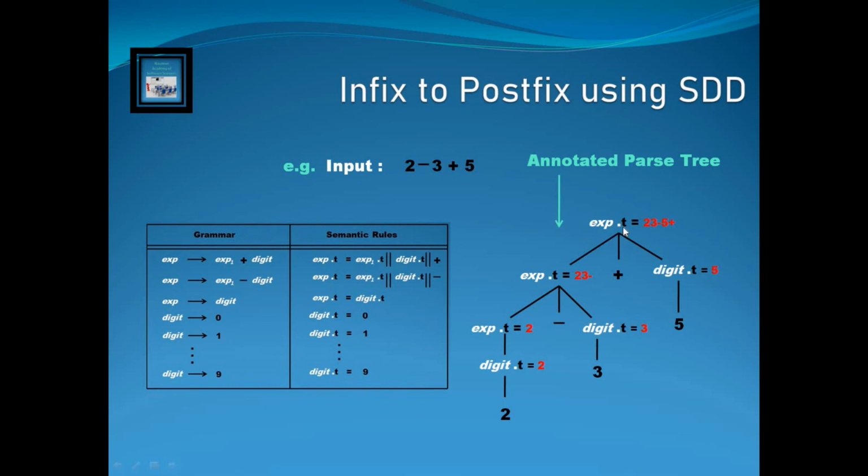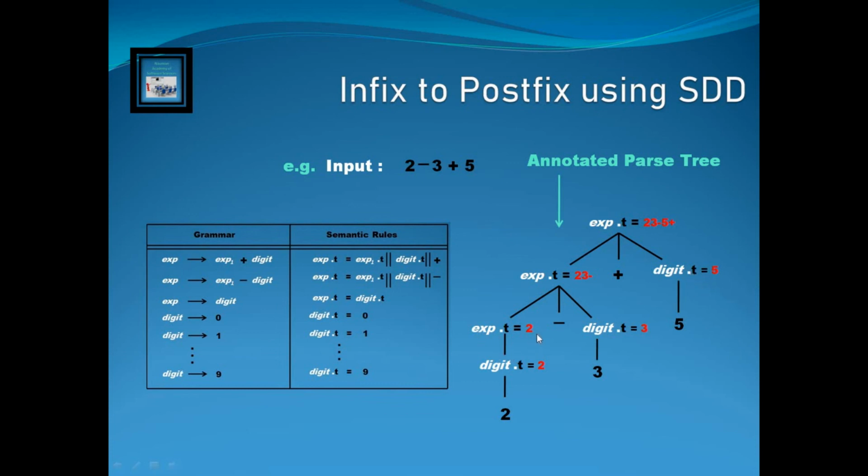Now you can see that attributes are associated with each grammar symbol, and some attributes are evaluated directly by seeing the syntax directed definition. For example, when we have to evaluate digit dot t, it can be directly seen from the syntax directed definition that when digit can have the form of 2, then digit dot t is equal to 2. Similarly, when digit can have the form of 3, digit dot t is equal to 3, and when digit can have the form of 5, digit dot t is equal to 5.